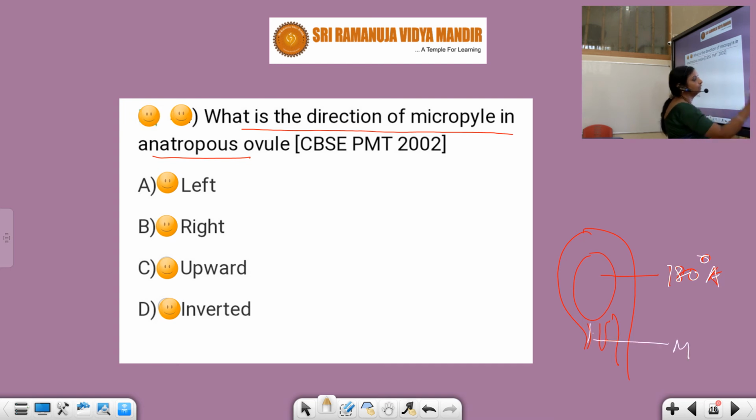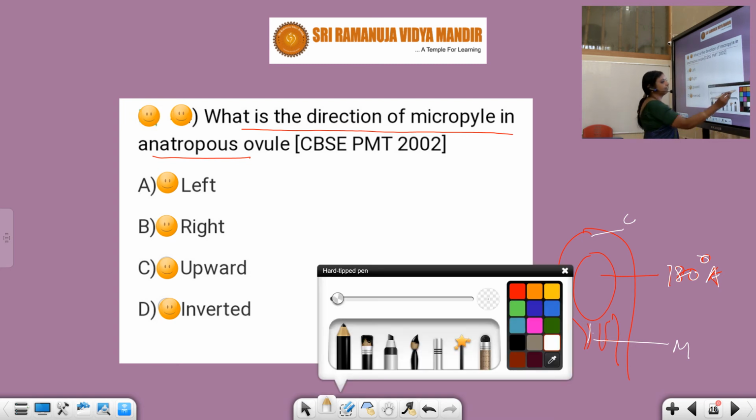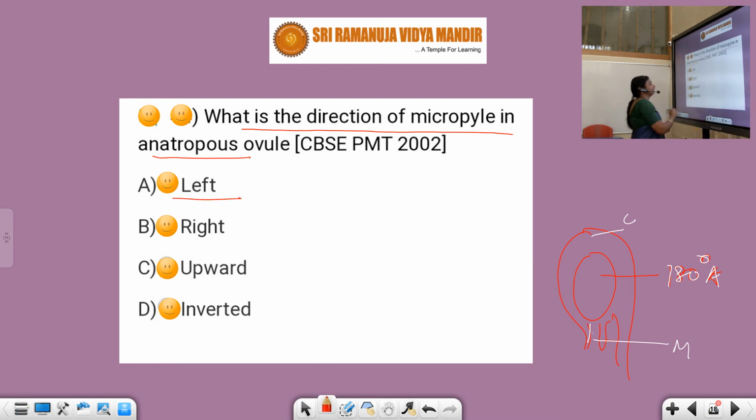This is the micropyle, and this is the chalaza. So the body is inverted. See, is inverted written or not? Option A, left, is not correct. Right is not correct, and upward is not, but inverted. That means the body is inverted type. So D is the right answer.